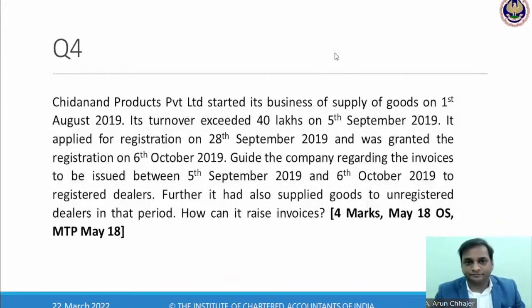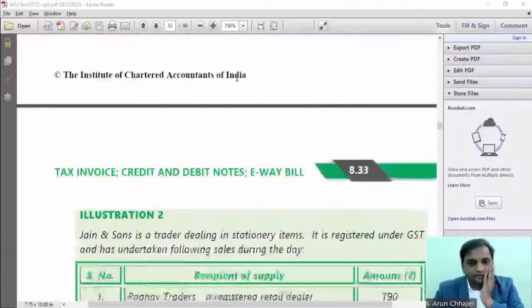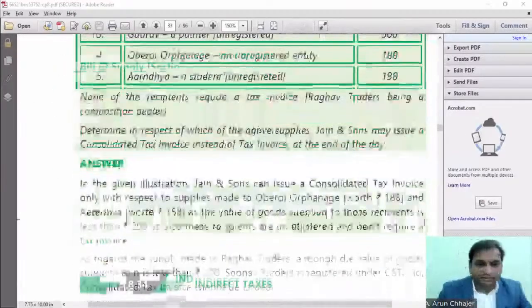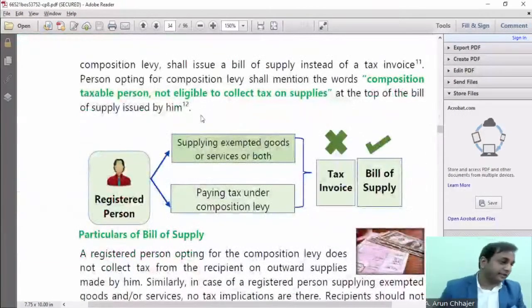Perfect. Coming to the next, 31 subsection 3 clause C. It talks about 31(3)(c), which stipulates that a registered person supplying exempted goods or services or both to a registered person. So they are talking about the bill of supply.